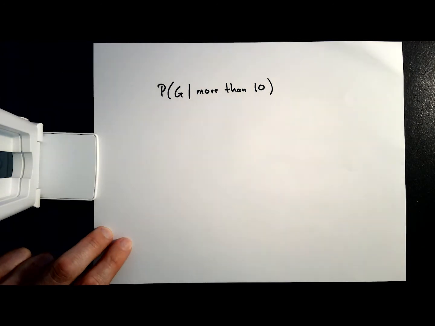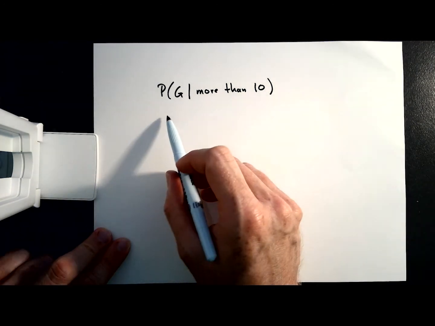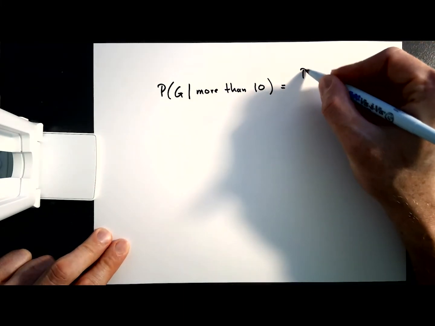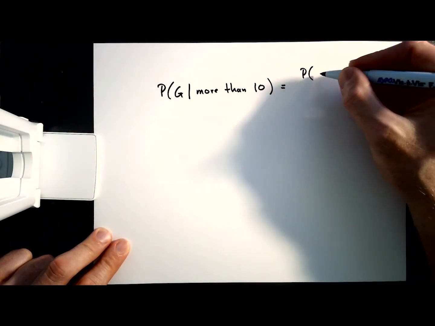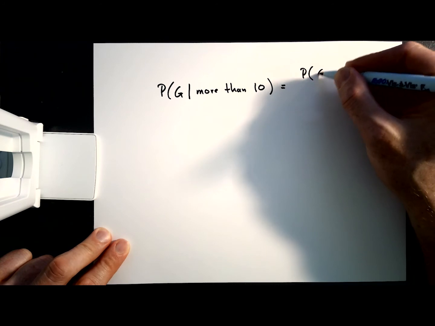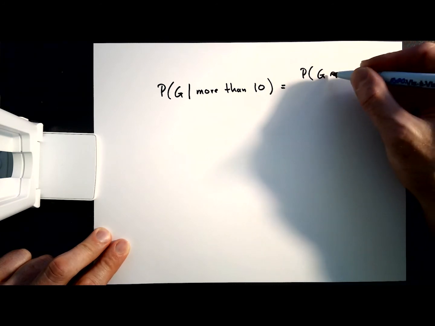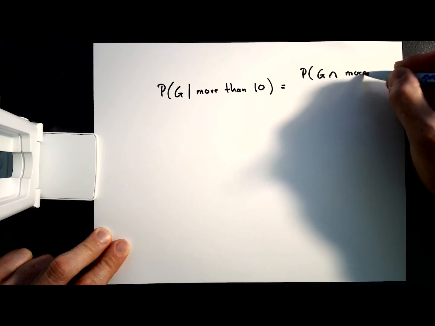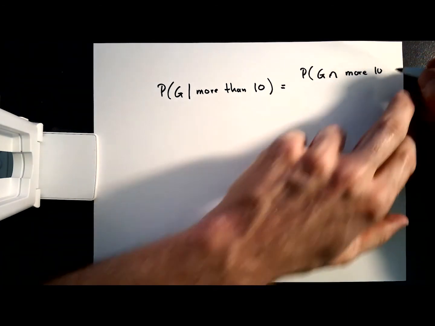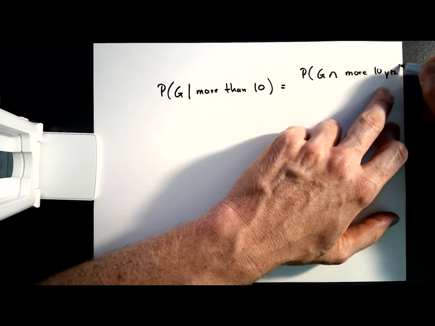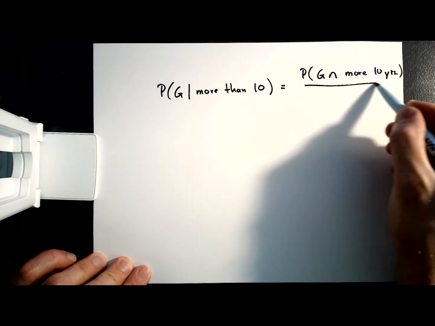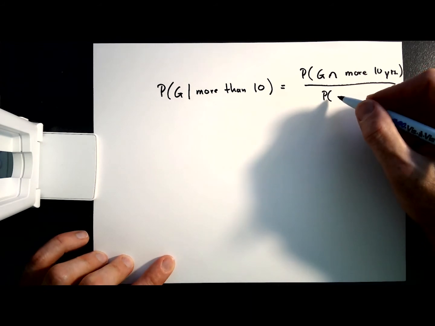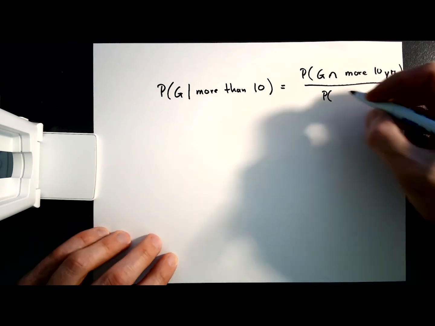then we have to calculate the probability as follows. We have to calculate the probability that we are receiving good service in those that have been in business for more than 10 years, divided by the probability of getting a plumber who has been in business for more than 10 years.